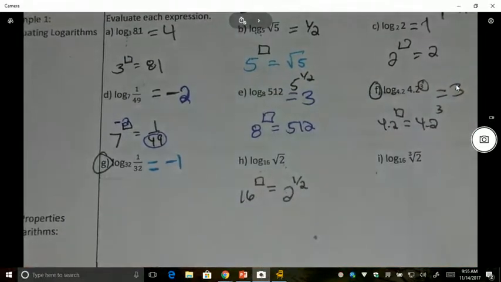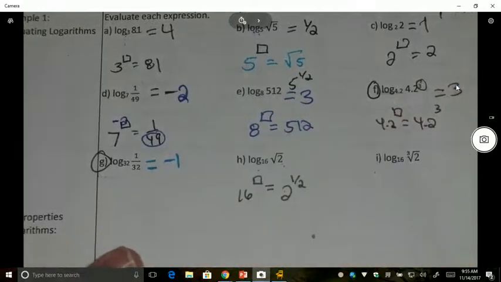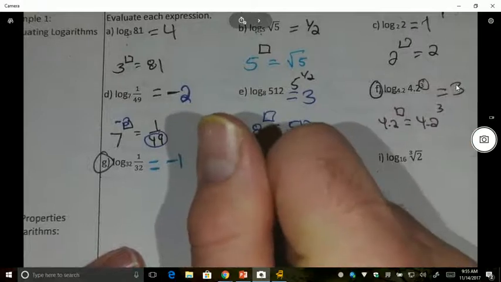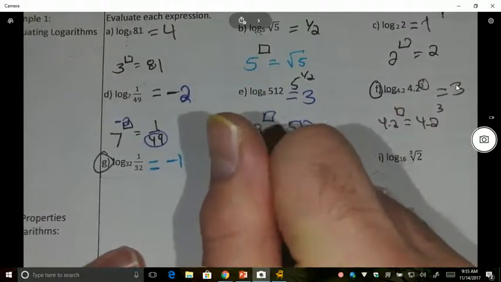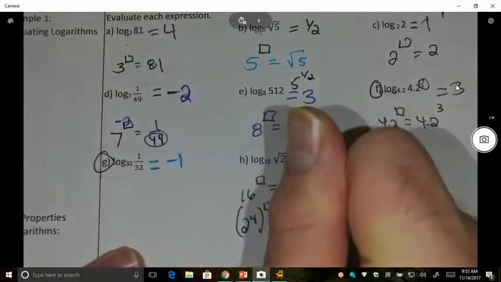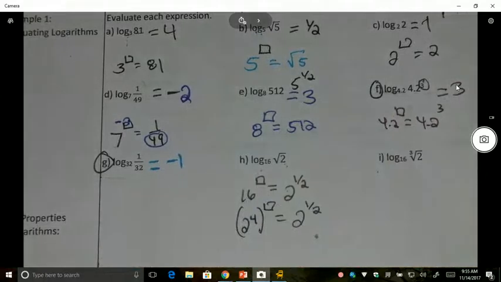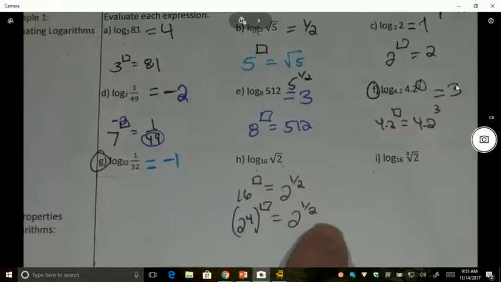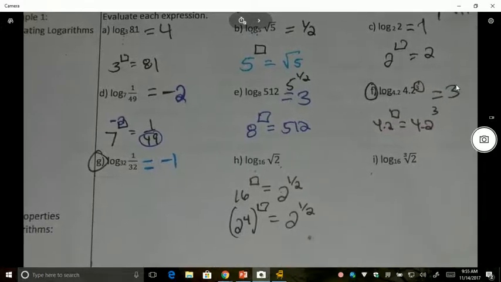Well, some of you might know, but I actually wouldn't have known just looking at this. So I rewrote this as 2 to the 4th raised to what power is going to give me 2 to the 1/2. Well, if I raise that to a whole number, I'm never going to get 1/2. So what do I have to raise it to?